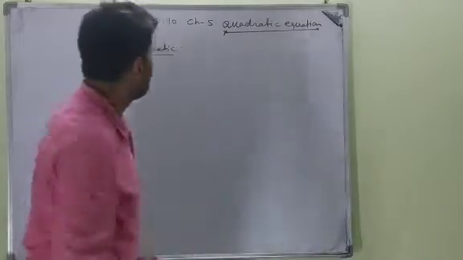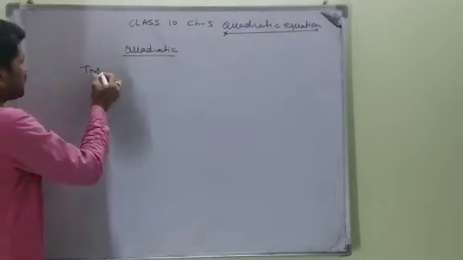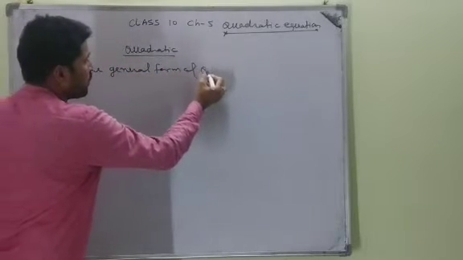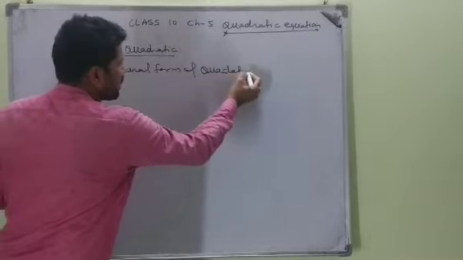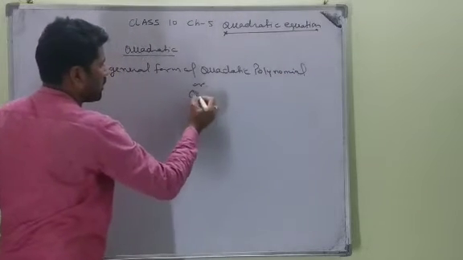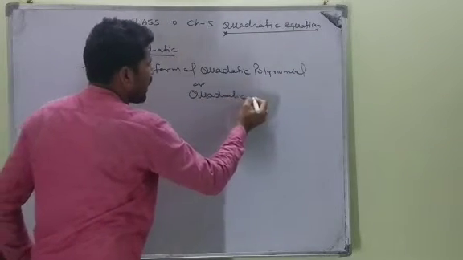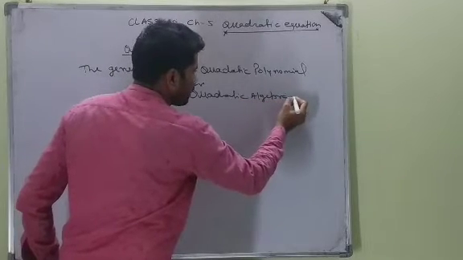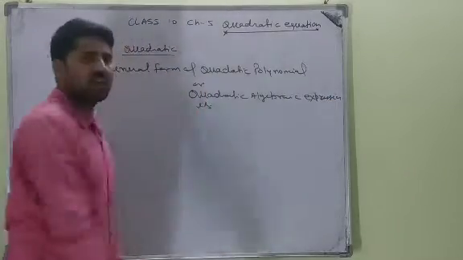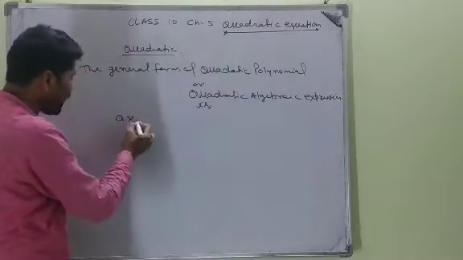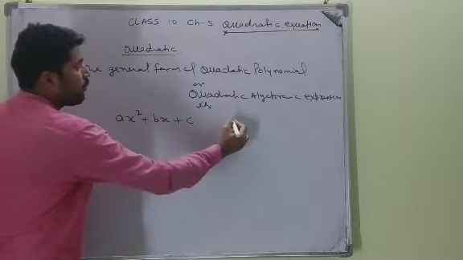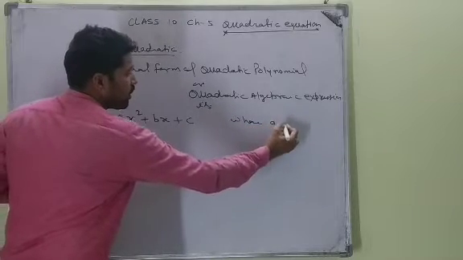The general form of a quadratic polynomial or quadratic algebraic expression is ax square plus bx plus c, where a cannot be 0.